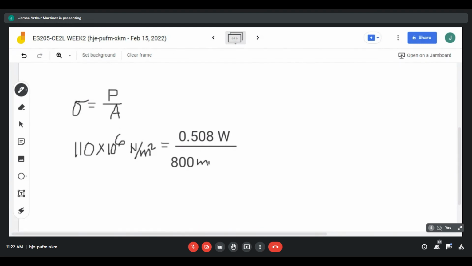So convert this into meter squared. There are 1,000 millimeters in a meter, right? So times 1 over 1,000 millimeters squared.